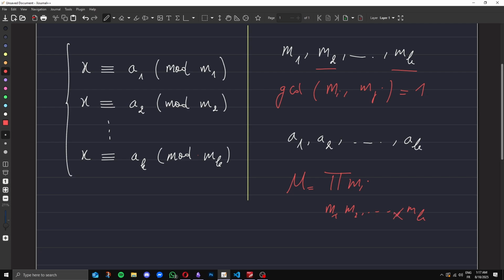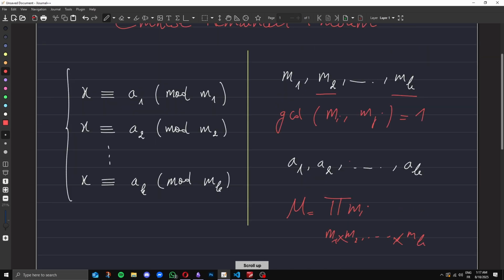So this is a multiplication. Now, you should always remember the condition here is that the moduli, the sequence mi, are all pairwise coprime. That's the important condition. We're going to see at the end a more general CRT where there are non-coprime moduli.